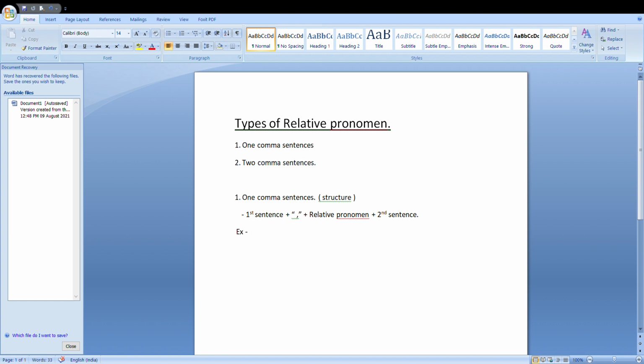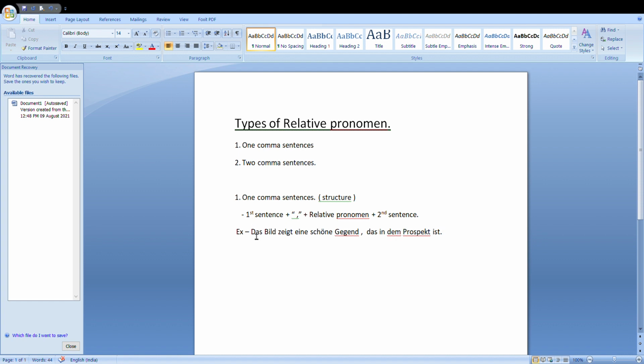For example, das Bild zeigt eine schöne Gegend, das in dem Prospekt ist. Okay, so this is an example, and now I'll show you how to relate this structure to this example.